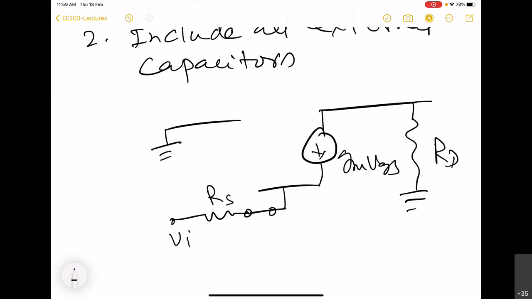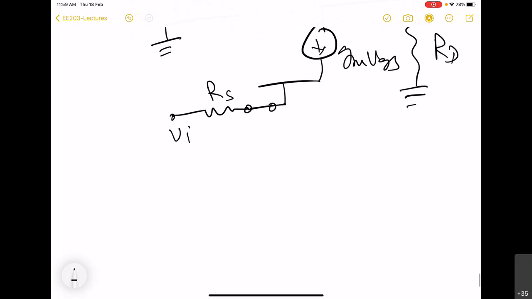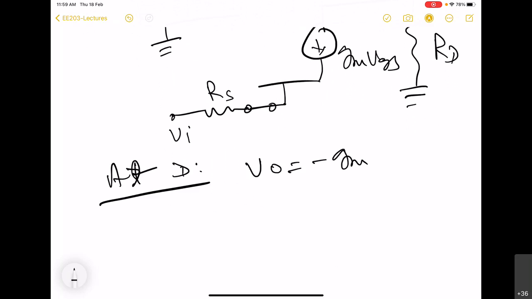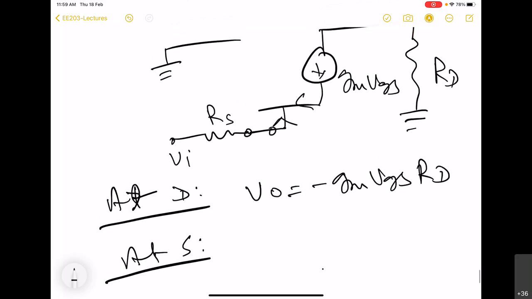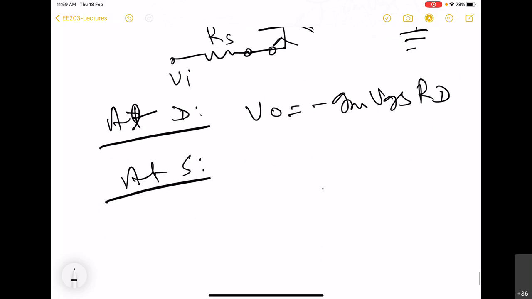Right. So this is the circuit in which we have to find out VO by VI. So at drain, we have VO is equal to minus GM VGS RD. And at source, one can apply KCL, we have only these two currents.